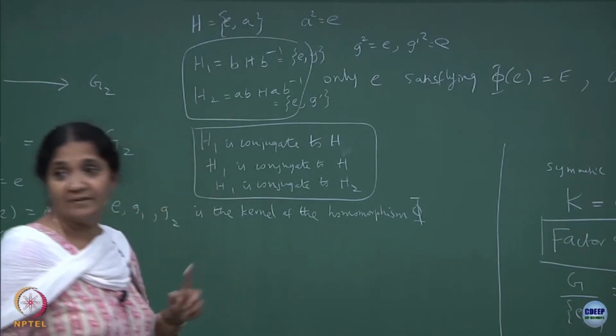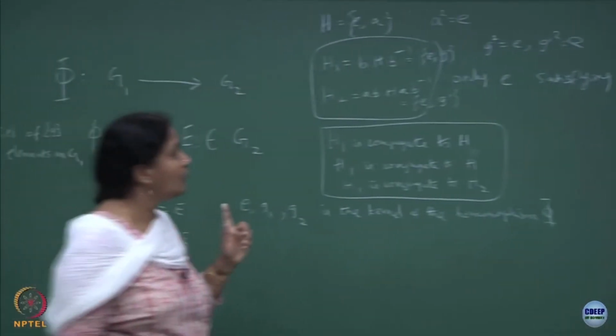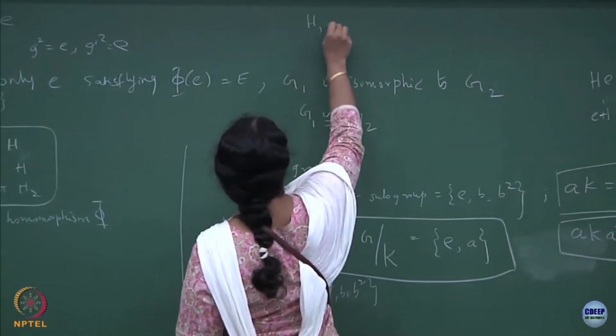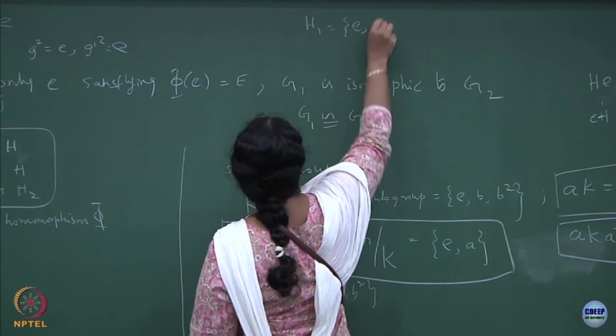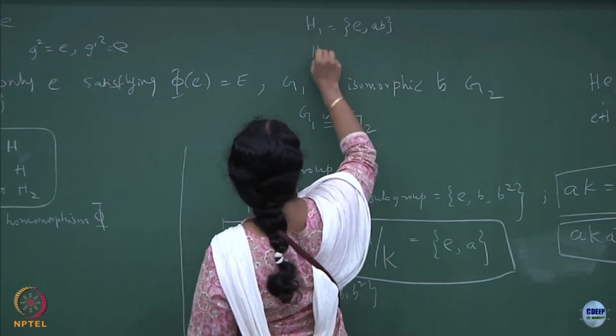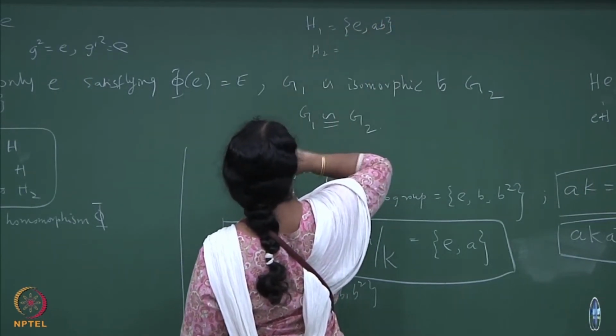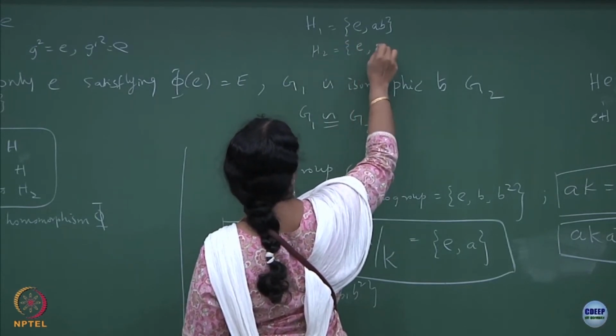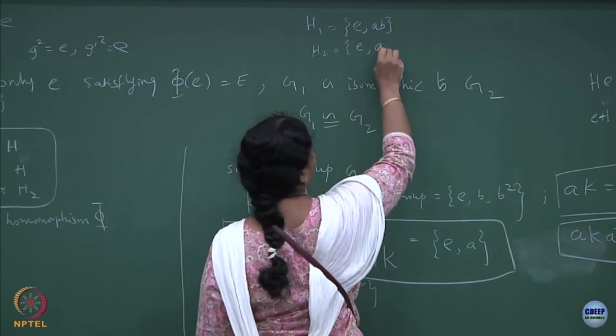That is what happened. I do not know whether you recall, we had H1, one was E and AB, the other one was A squared B or AB squared.